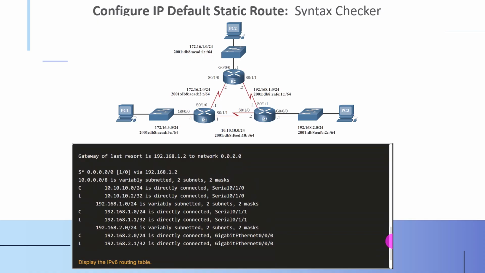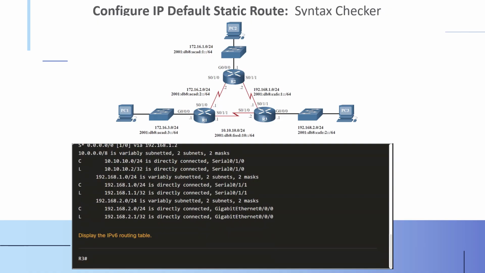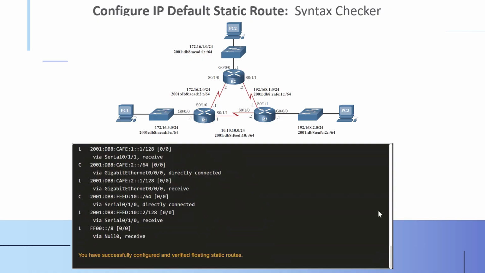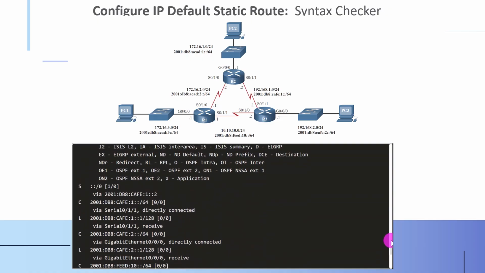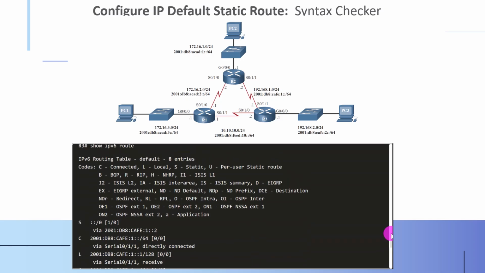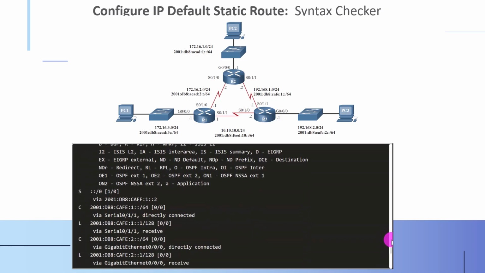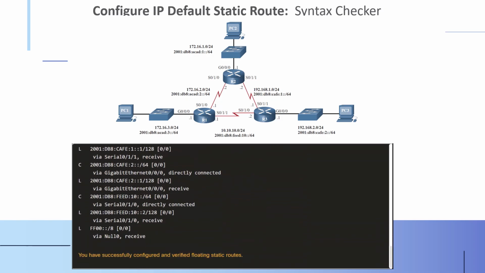And then we will configure the floating static route, which will point the traffic to router 3 at the next hop, the IP address of router 1 at the interface serial 0/1/1.